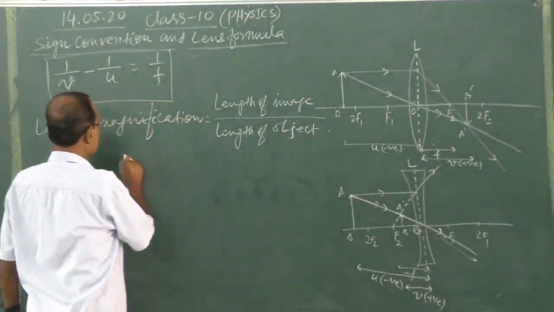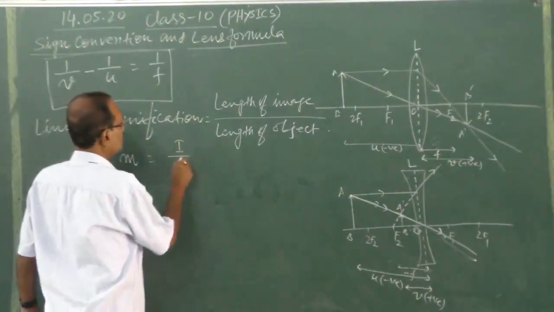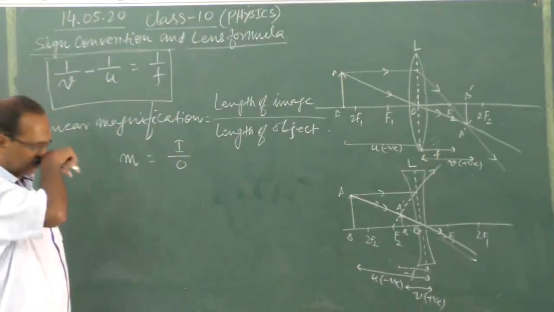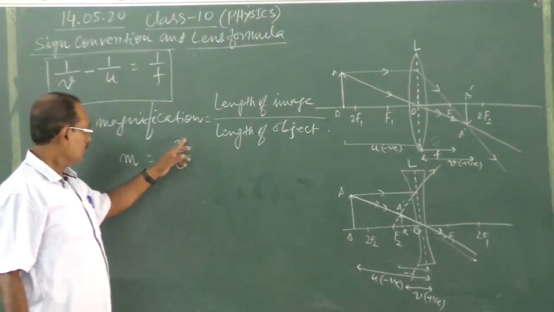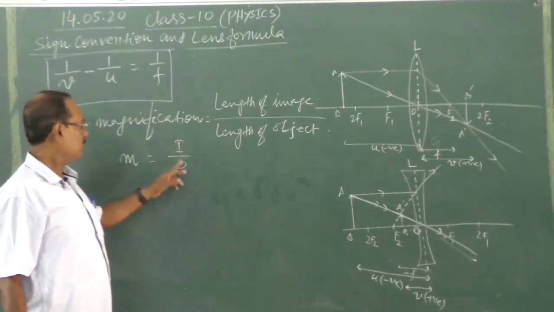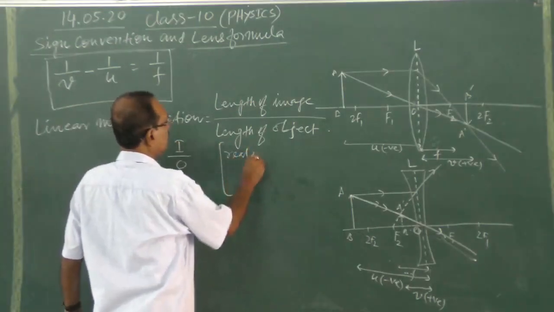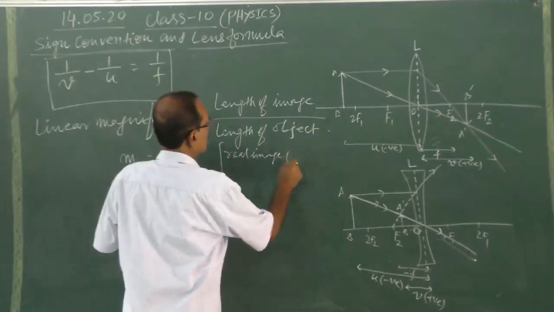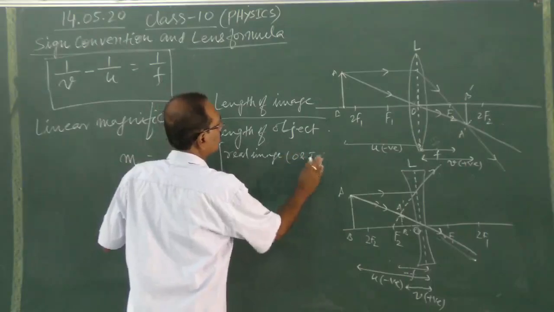It is denoted by small m, that is equal to I by O. Now, if the image is real, I am writing here, for a real image, O and I both are positive.